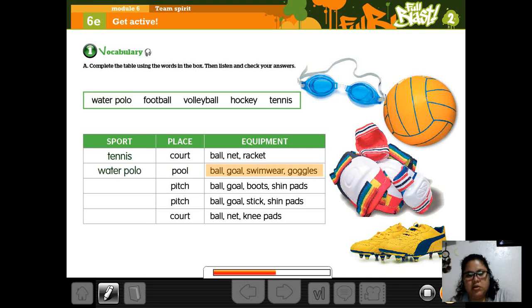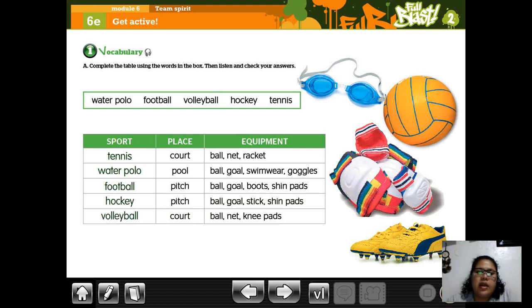Ball, goal, swimwear, goggles. Football, pitch. Ball, goal, boots, shin pads. Hockey, pitch. Ball, goal, stick, shin pads. Volleyball, court. Ball, net, knee pads.